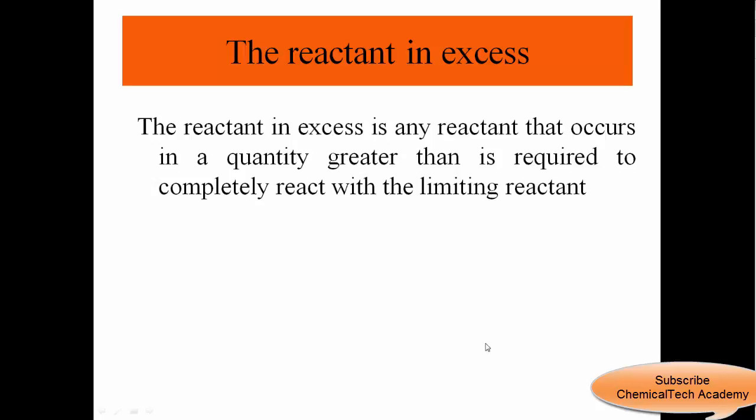So when we have a reactant in excess, we will have that excess amount in products. For example, if we have two reactants A and B, when A is completely consumed, and if we have B in excess, this excess amount of B we will see in products.